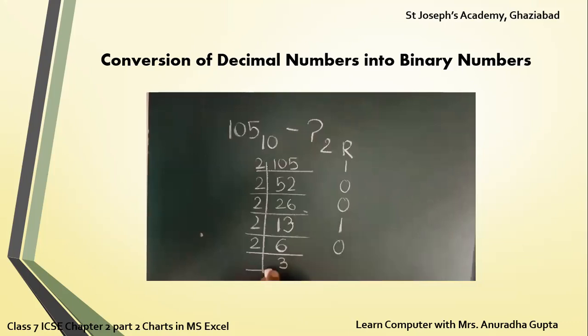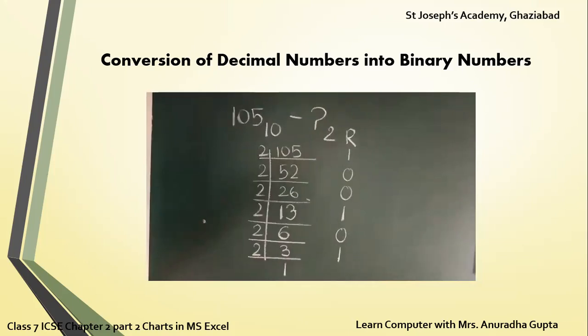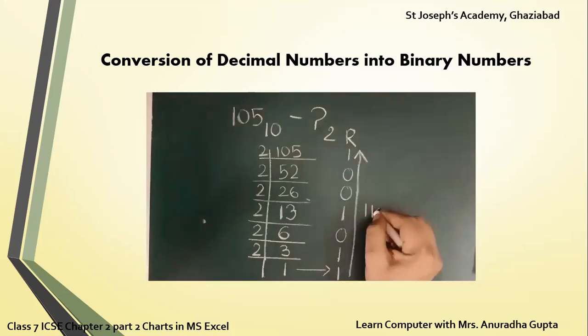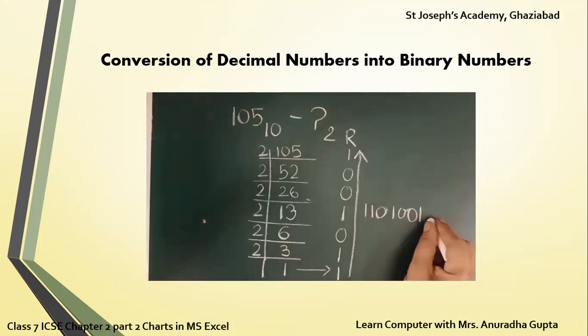Again we divide 3 by 2, we will get 1 as a quotient and 1 as a remainder. When we get 1 as a quotient, we transfer this towards the remainder side and write all the remainders from down to up. We will get 1, 1, 0, 1, 0, 0, 1. This is the binary conversion of 105.